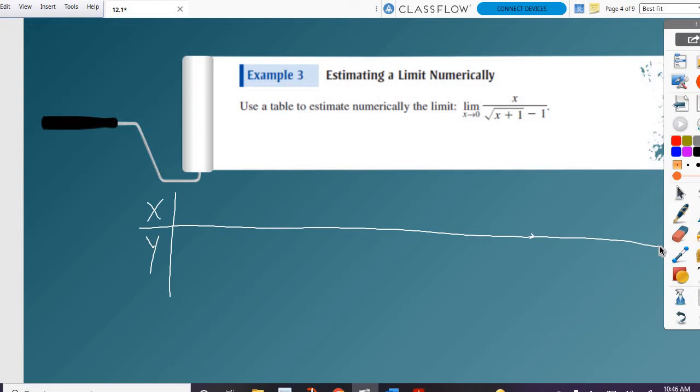Don't do 0, because 0 is undefined. However, we're approaching 0, so what type of numbers do we want to plug in? Negative numbers and positive numbers. What are we trying to get? Close to 0. Arbitrarily close.